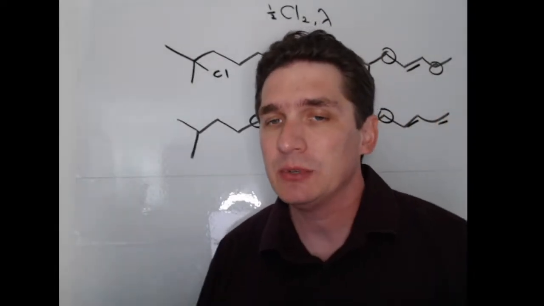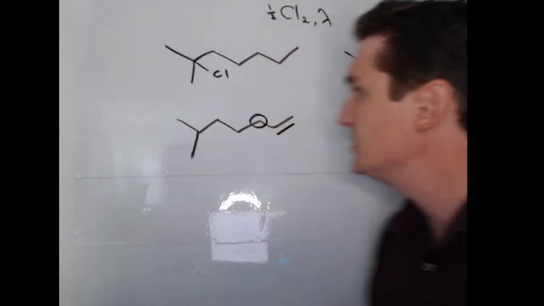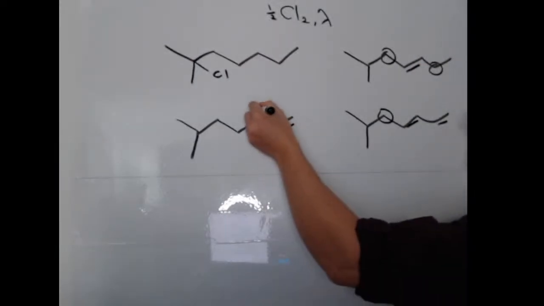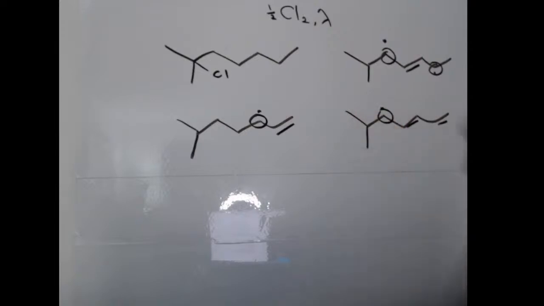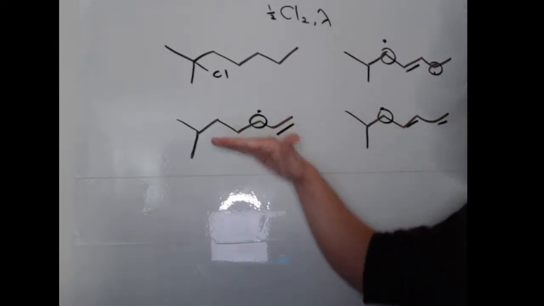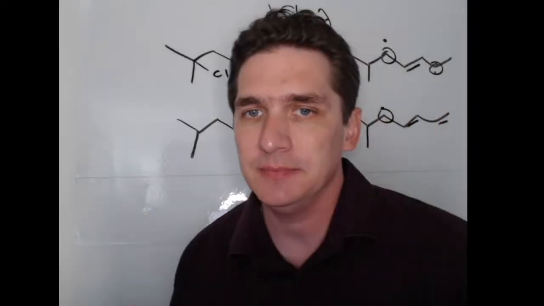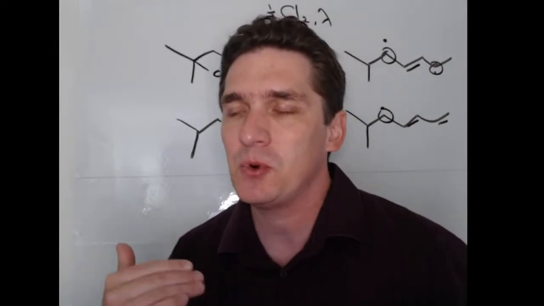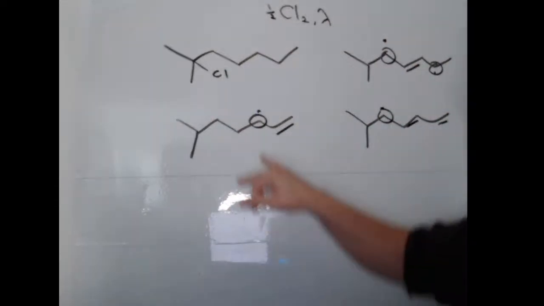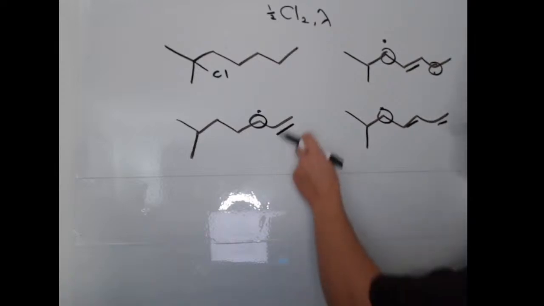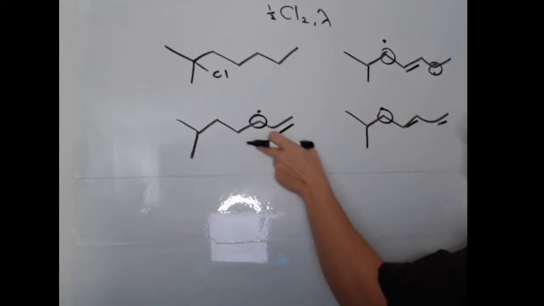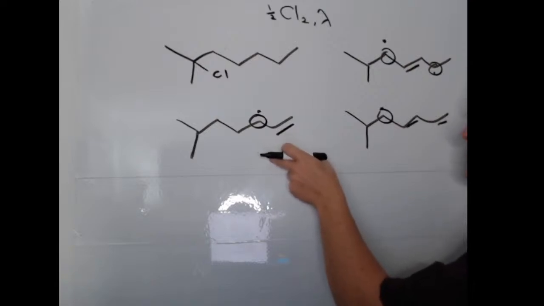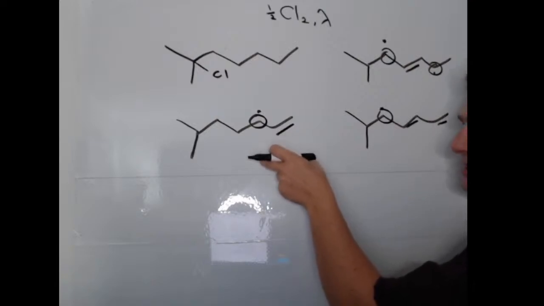Now, the reason why we're going to get the substitution is that our first step here is to form a radical. And this radical is stabilized by resonance. But the thing is that we don't see a lot of this flipping around. It is stabilized from a more complicated standpoint: because this is sitting in a p orbital, it now can associate with the double bonds. So you really have to look at this more from a molecular orbital theory standpoint than from a Lewis theory standpoint.